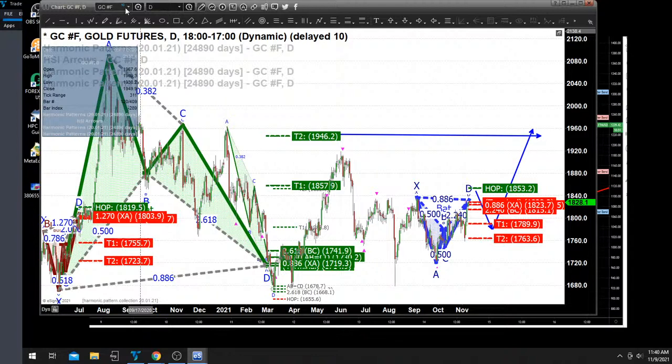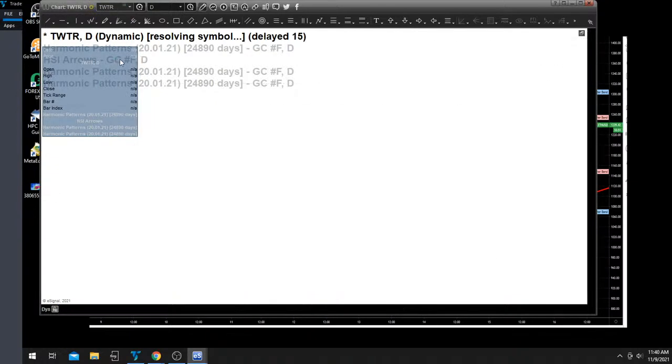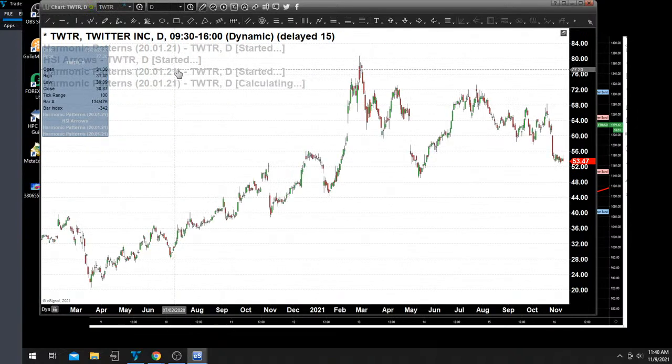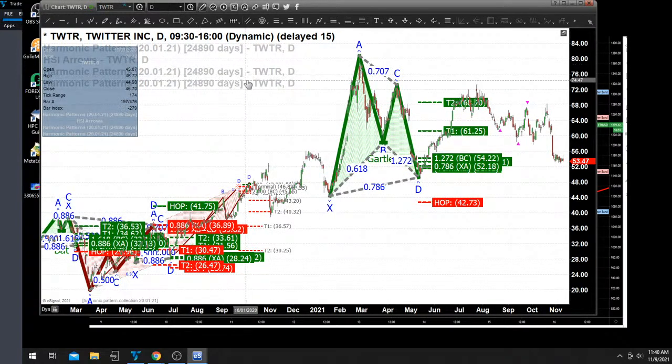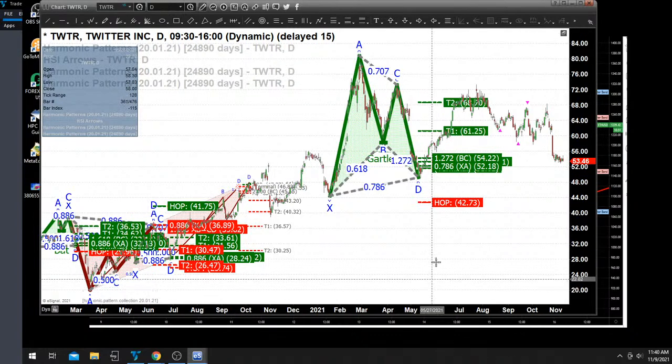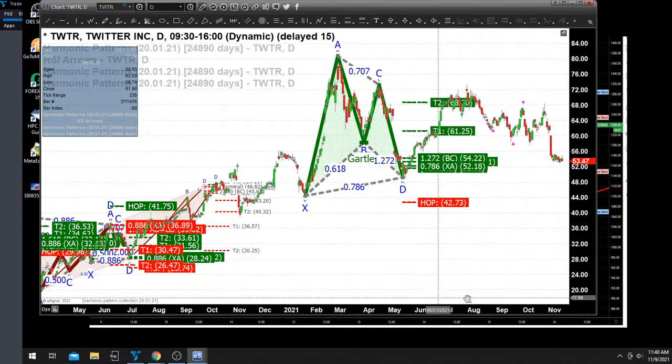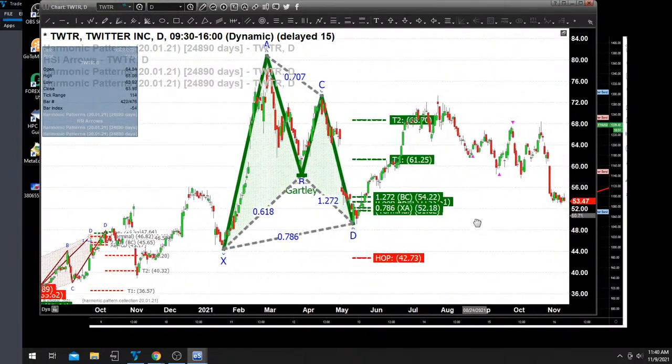Gold's not nearly as aggressive as crypto, for example, but it's in a really nice spot that it hasn't been in for a long time. One or two more updates, and I want to stick with harmonic patterns exclusively with the content we do, and auto-generated harmonic patterns off the software.